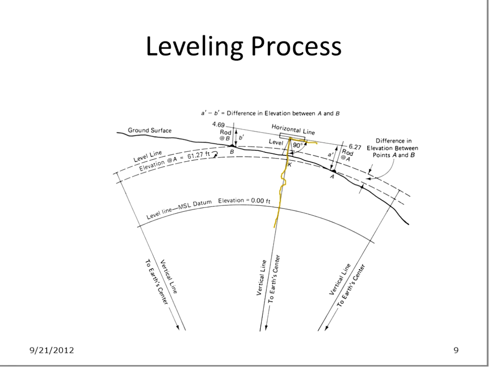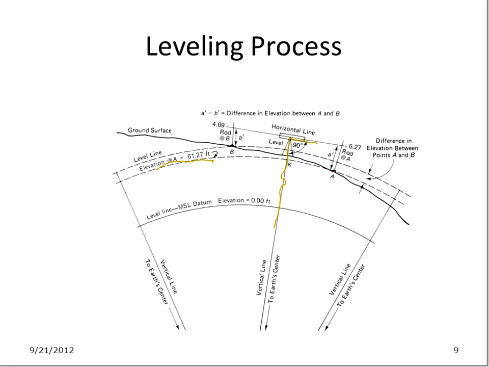So when you hold your rod here and take a back sight, and then turn and take your foresight, if that's our direction of survey, then the difference between those two readings is the difference in elevation between those two points. So we can see here that our elevation at A over here is 61.27 feet, plus the 6.27 gives us the HI, the capital HI, the height of the instrument, the horizontal line of sight.